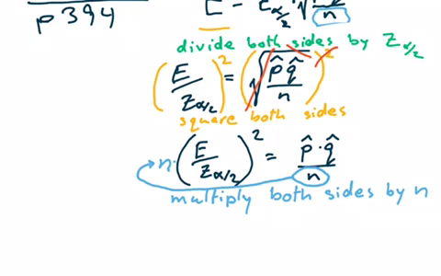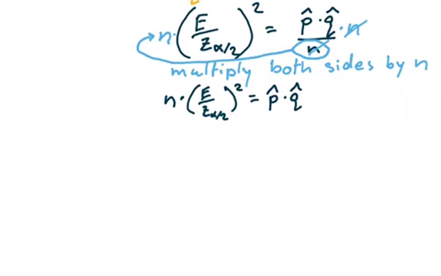It will get canceled out when we multiply by n on the other side. Okay, and here, just cleaning this up, we obtain n times e divided by z subscript alpha over 2, that whole quantity squared, is equal to p hat times q hat on the right-hand side.